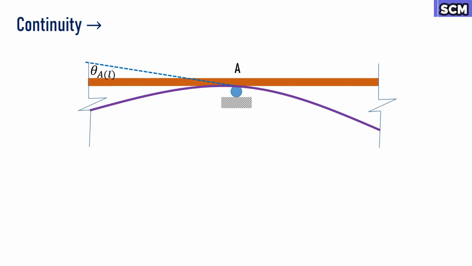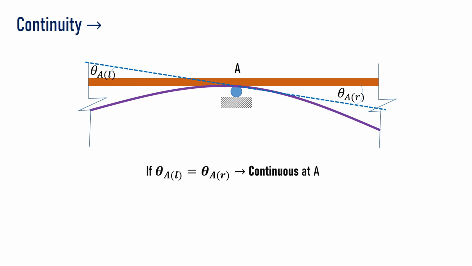Let us draw a tangent at the point just left of A and another just right of A. Now the elastic curve will be continuous if and only if the slope of the left tangent is equal to that of the right tangent, otherwise not.